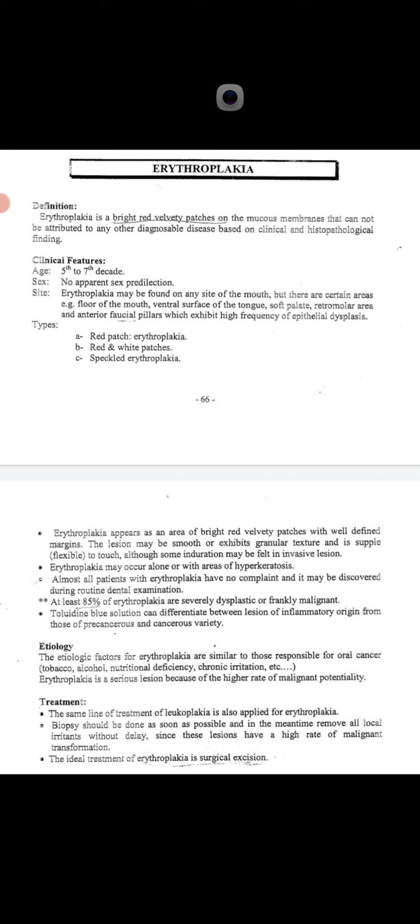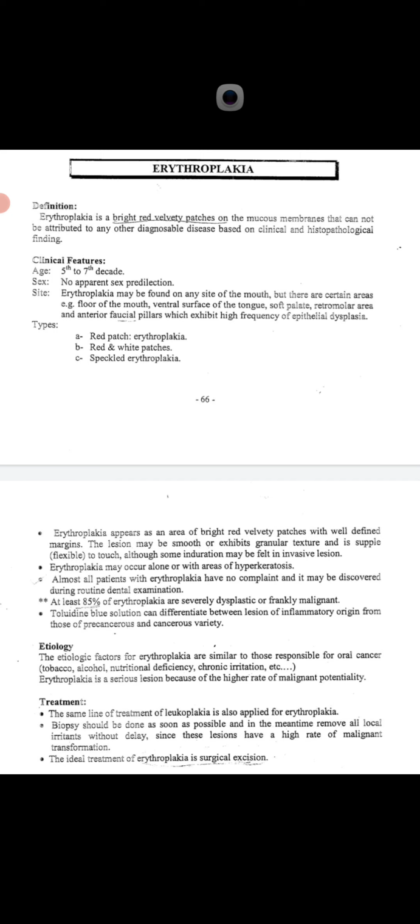Now the important points for MCQs. In erythroplakia, first, there is a bright red velvety patch. Second, it mainly presents on the ventral surface of the tongue, floor of the mouth and soft palate. Next, 85% of erythroplakias show dysplasia, and erythroplakia is painless.